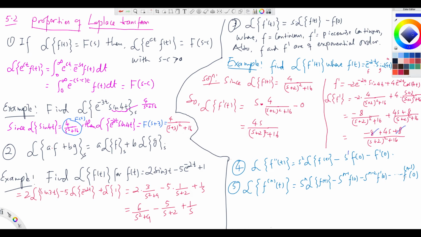You start decreasing the exponent of s from n, and finally you get s to the n minus n, which is s to the 0, that is 1. The derivative at 0 increases to the last one, which is one order less than the derivative there, right?